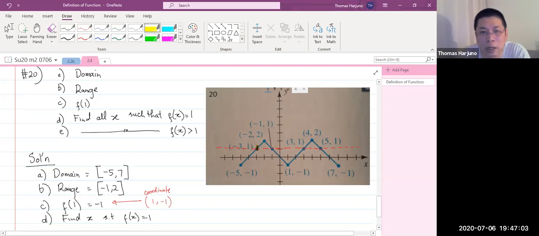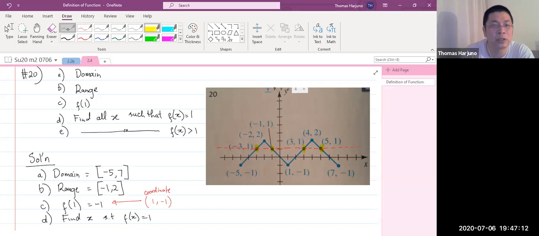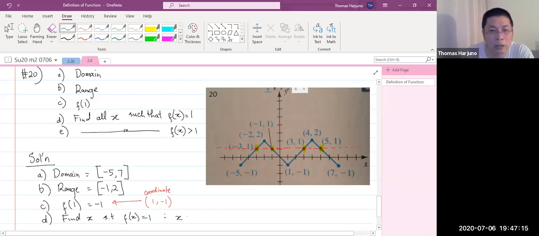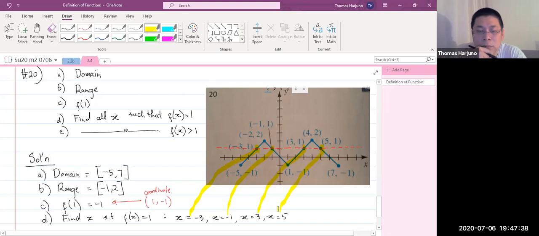You see they intersect here, for y equals 1. From there you see that the x's are x equals -3, x equals -1, x equals 3, x equals 5. Those are all the x's such that f(x) equals 1.